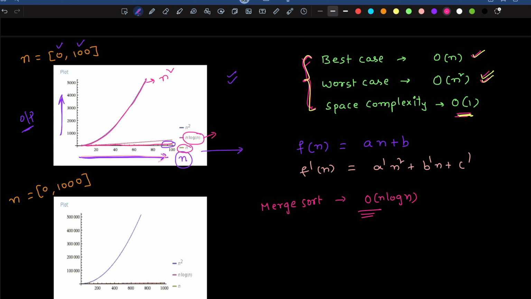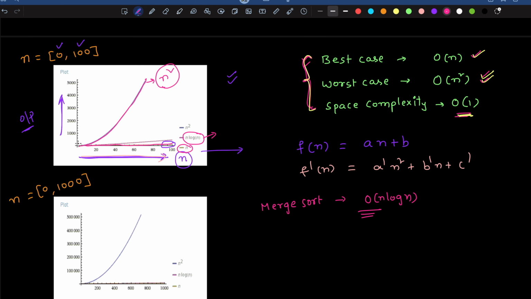For now, just observe the two things: one which is n and another one which is n square. So if n increases from 1 to 100, the value of n increases also from 1 to 100. What about n square? It ranges from 1 to 10,000, right?